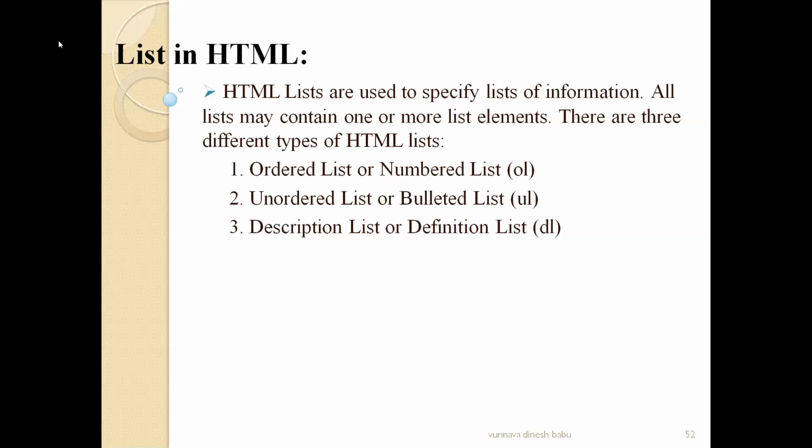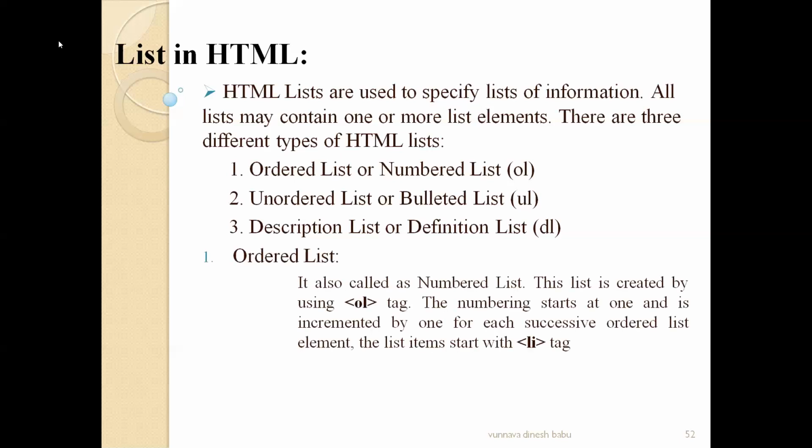If we want to create an unordered list, we have to use the ul tag. If we want to create a description list, we have to use the dl tag. So ol specifies ordered list, ul specifies unordered list, and dl specifies description list. Okay, so let us move to the next point. First one, ordered list. It is also called numbered list.